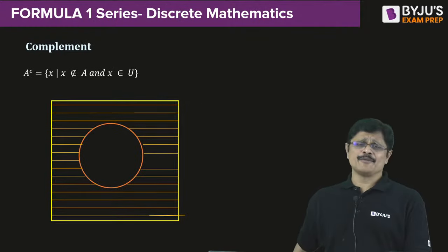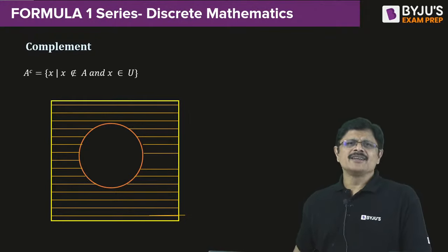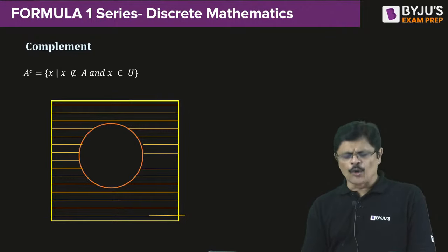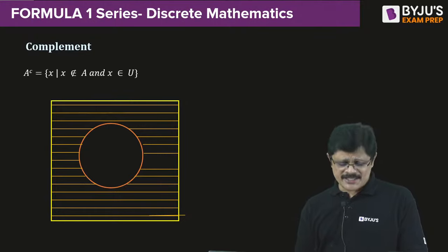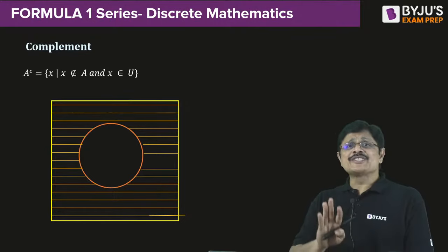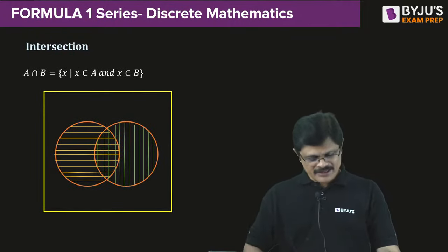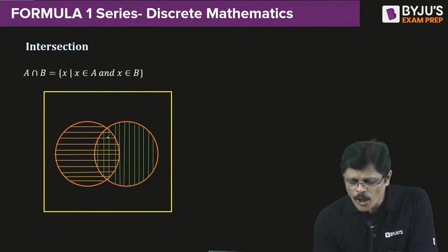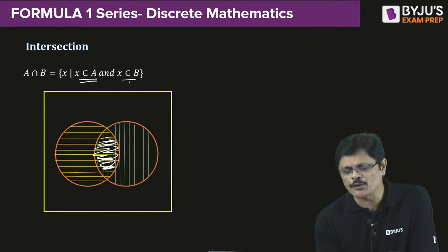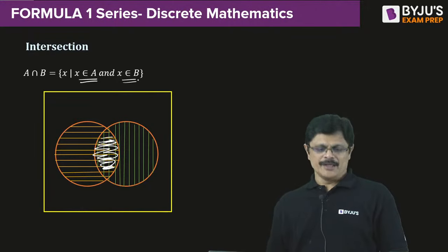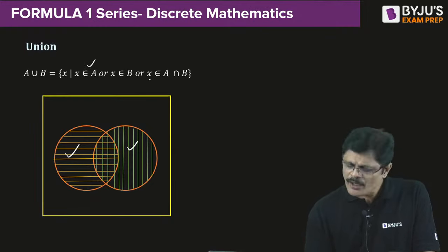Now about sets. Once you talk about sets, we should know the complement. What is the complement of a set? The elements which are not belonging to set A; the outside portion is the complement. I quickly review all the important operations. A intersection B is the common portion, meaning elements belonging to A and B. Union means elements belonging to A or B or both.